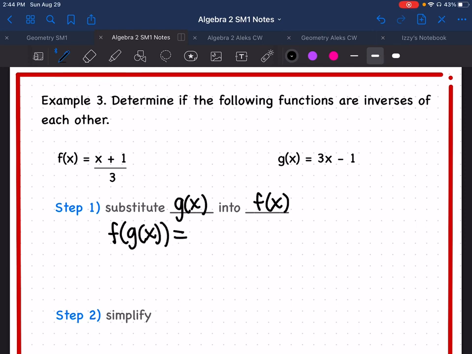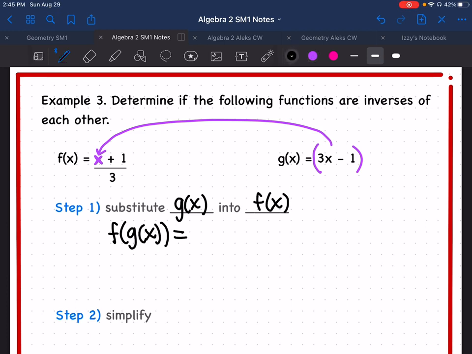What I'm going to basically do is take all of this right here and put it in for x. That's what this means. I'm going to take that purple x and replace it with what's inside the purple parentheses.